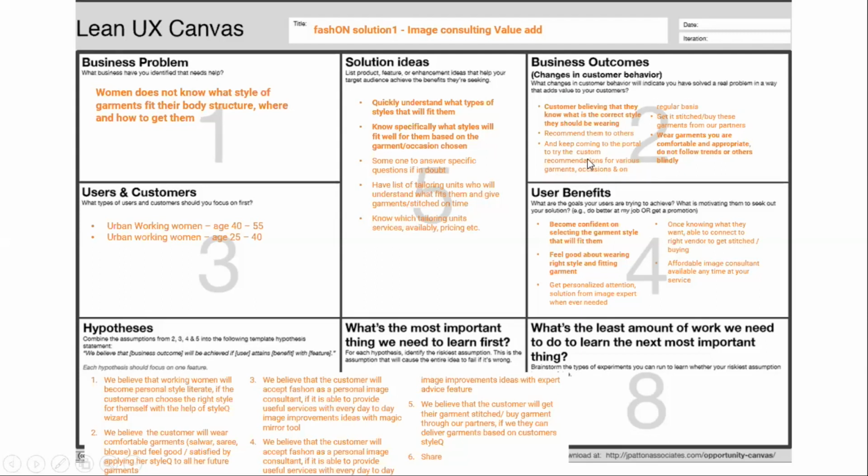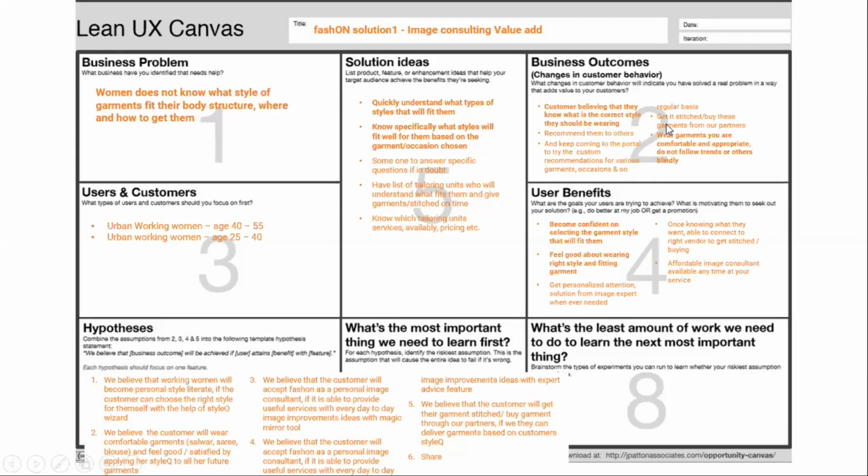They keep coming and trying to get suggestions and to understand what the right garment is. Then we have solved the problem and changed the customer behavior. Now instead of not knowing what to wear, she knows what to wear, and keeps getting recommendations on what she should be wearing.